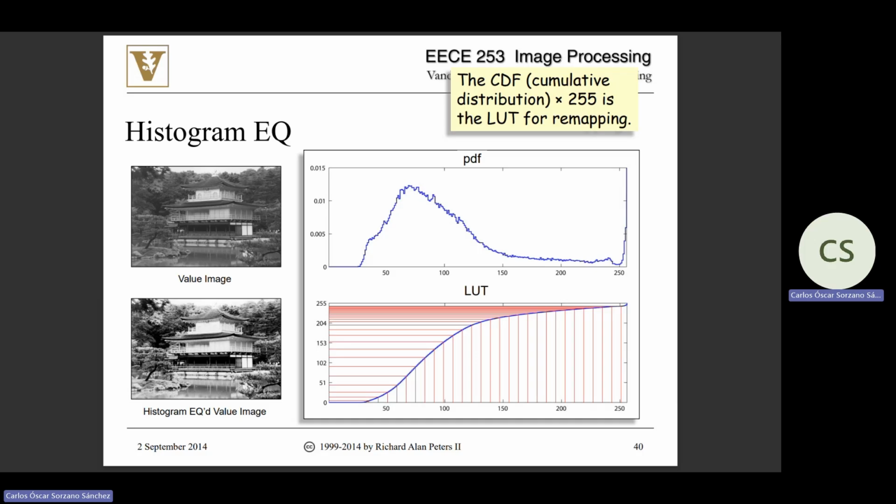So very few pixels will be affected by that. So here the contrast increase or decrease depends on the number of pixels that are there. Where you have many pixels, try to increase the contrast. Where you don't have so many, you sacrifice contrast.